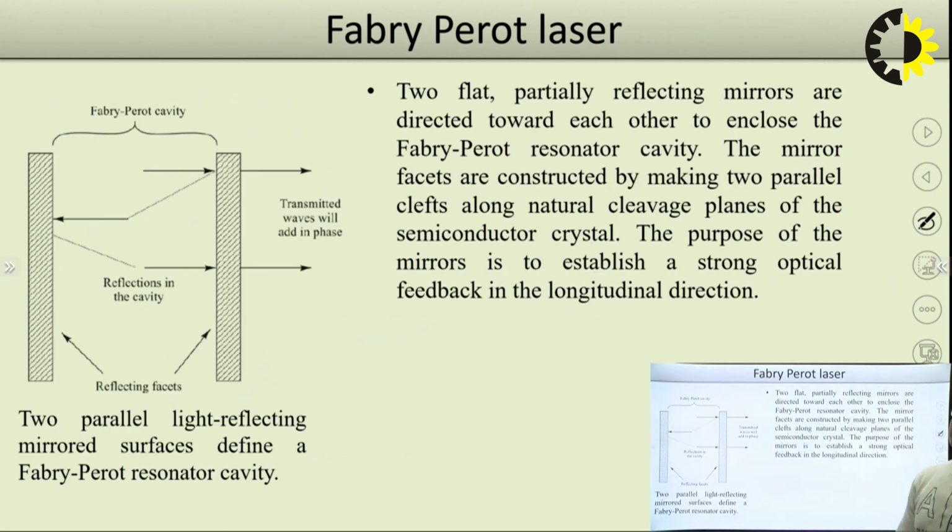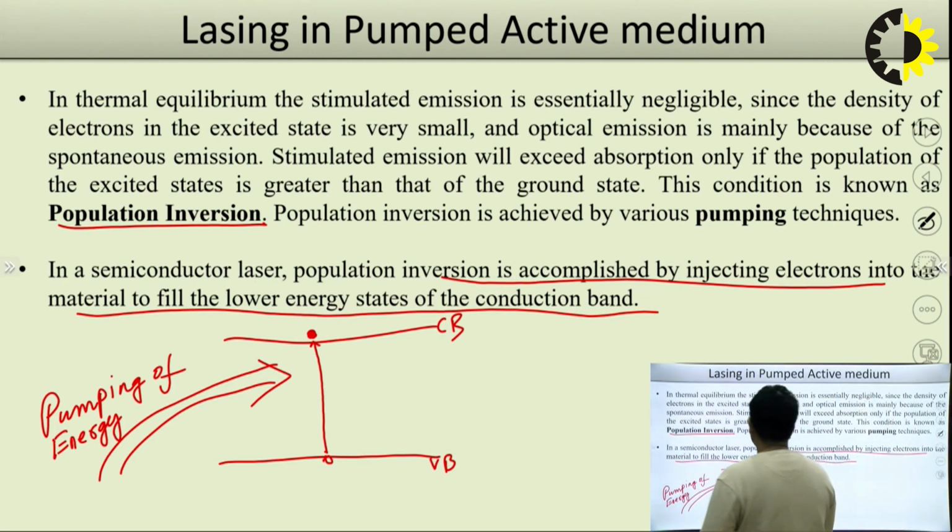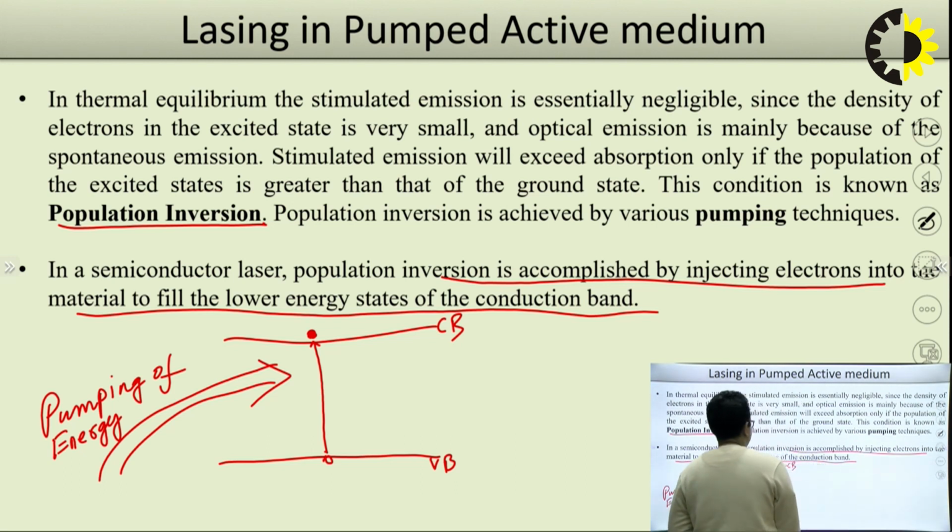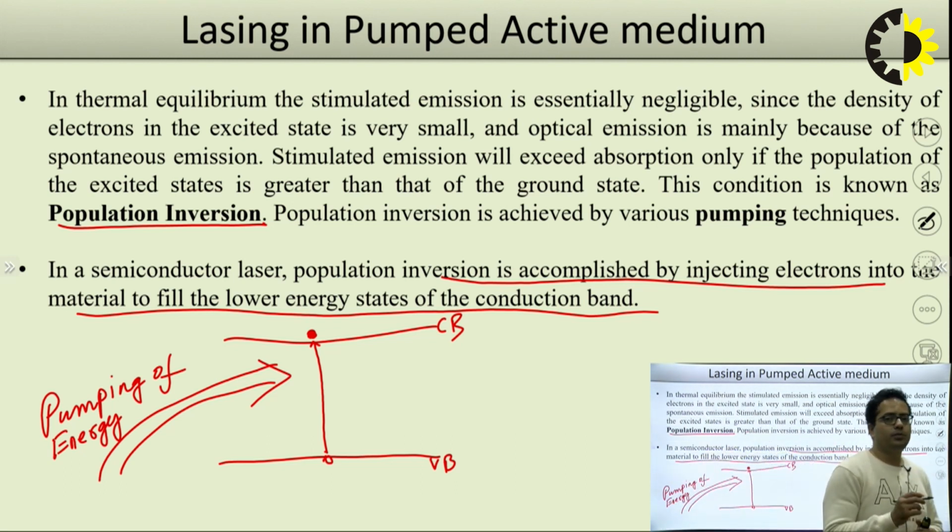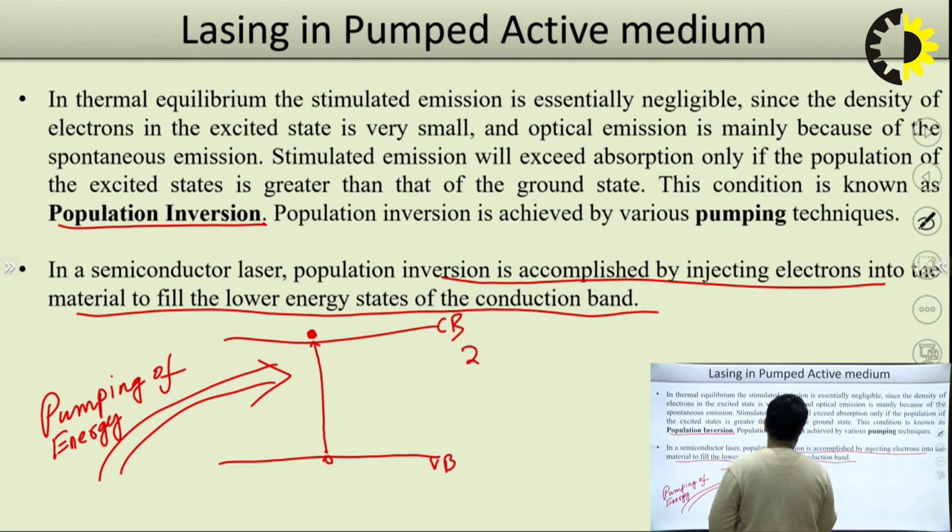Now the first process we have discussed is the population inversion. The second process will be stimulated emission.